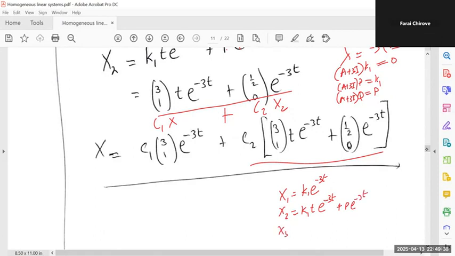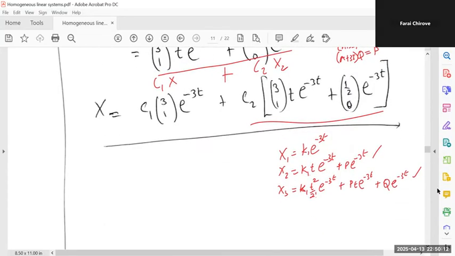And then x3 would be the same k1, but with t squared over 2 factorial e to the power minus 3t, plus p times t e to the power minus 3t, and then plus q e to the power minus 3t. So that's how you iterate on finding the next one. You can see they become long as you generate the next one.